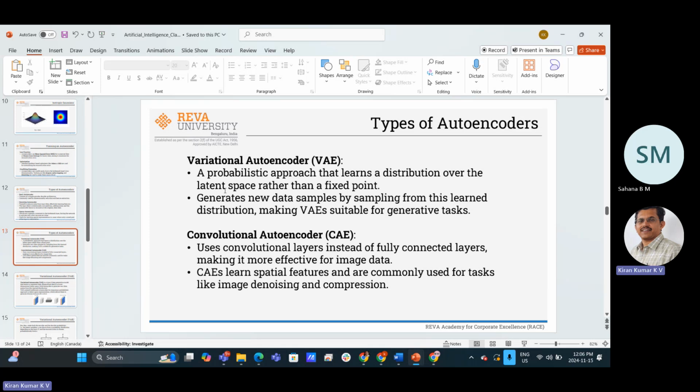Variational autoencoders we can use to generate variations of images which are generated by GAN. Instead of 100, we can get 1,000 synthetic images and use them to train. So that's the advantage of variational autoencoders.